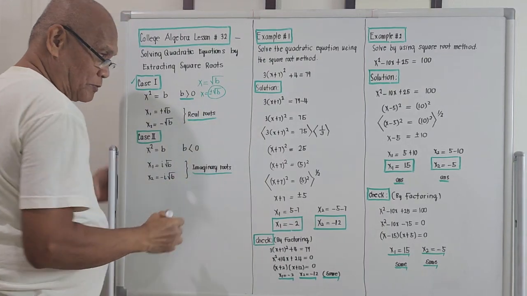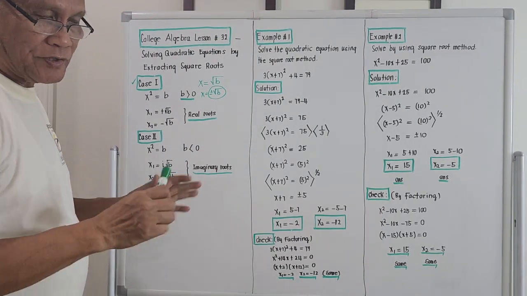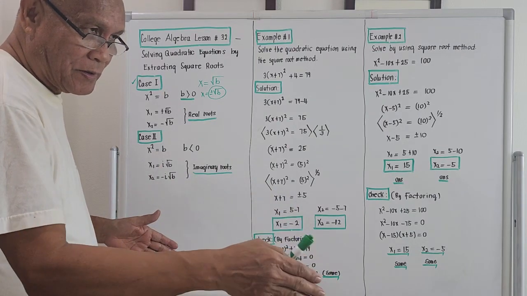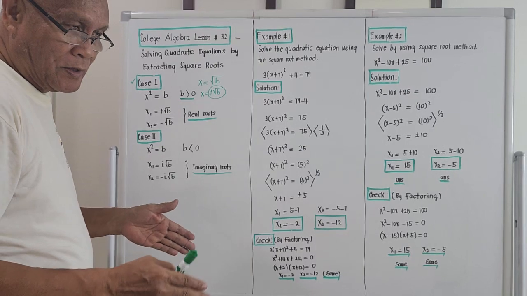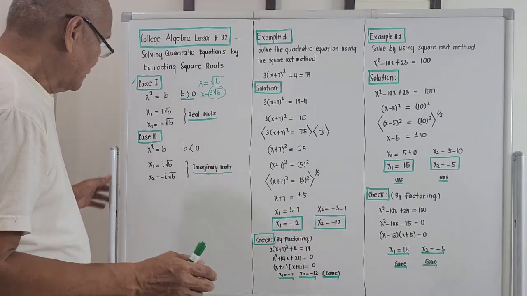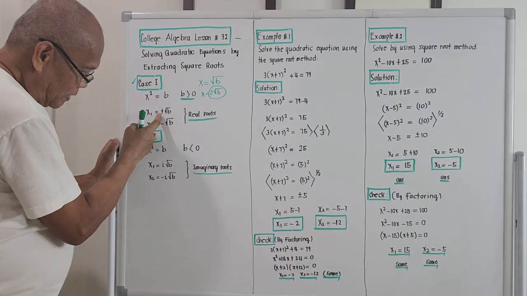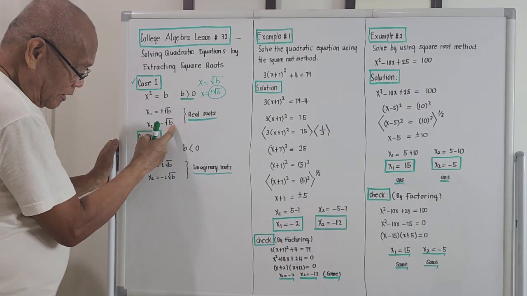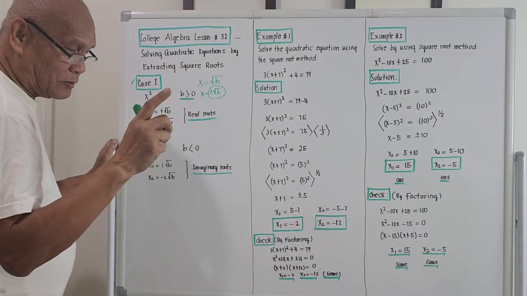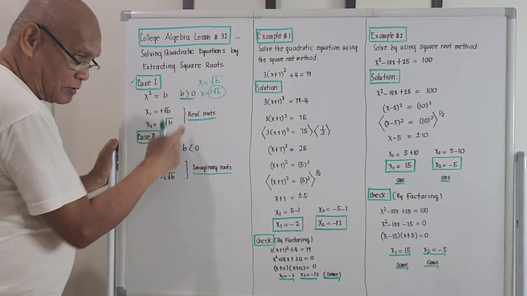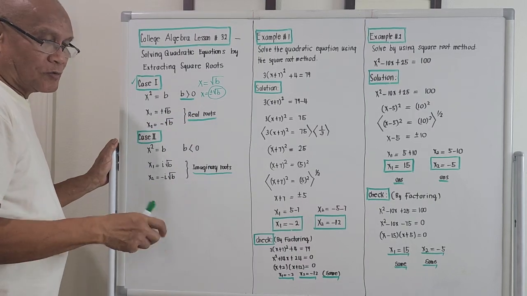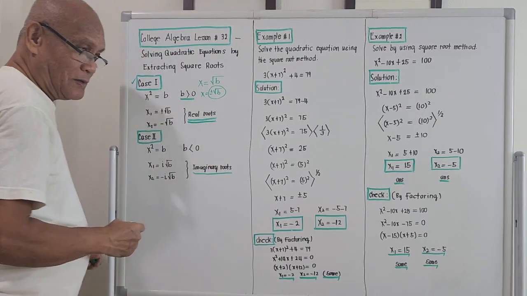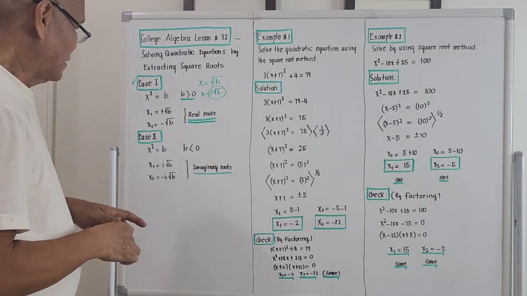There will be two values because the square root of a positive real number is actually a positive real number and a negative real number. So under case number 1, x1 will be plus the square root of b, and x2 will be negative the square root of b, as long as we satisfy the condition b is greater than 0. There will be two values, and those values are termed real roots. That's case number 1.